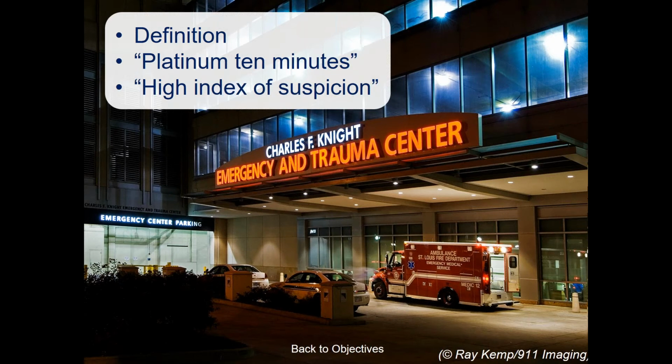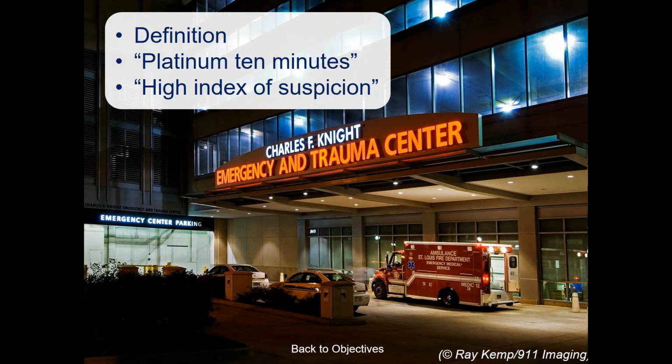My index of suspicion is looking at the forces that were applied to them, looking at the body areas that it touched, and saying, all right, I know I can't tell whether this bone is broken. I know I can't tell whether this joint is dislocated. I know I can't tell if there's some sort of internal hemorrhage or a cardiac tamponade beginning to form.